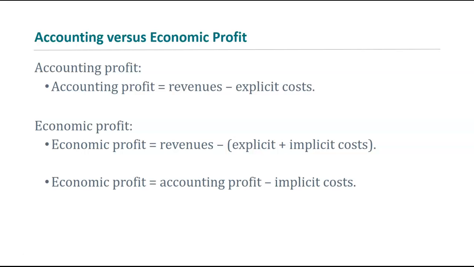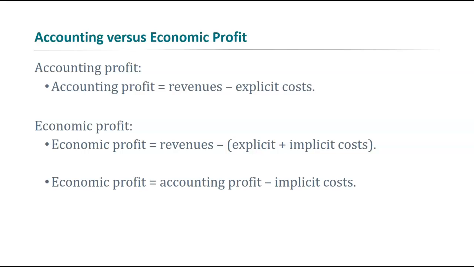And so economic profit is always going to be less than accounting profit, because we're going to take that accounting profit and then we're going to subtract out some other costs. So that's an interesting thing to keep in mind as we go forward here in this econ class when we talk about profit. Keep in mind that that's not the same thing as an accounting profit.